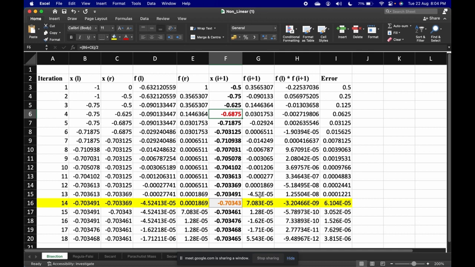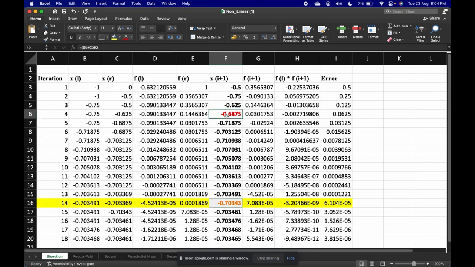So you were able to see my screen, right? So in that, this was your final solution, minus 0.703. So in the bisection method, your actual solution was minus 0.703 with an error of less than 10 raised to minus 3.